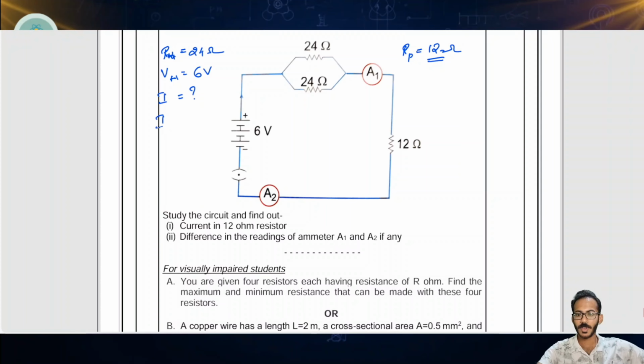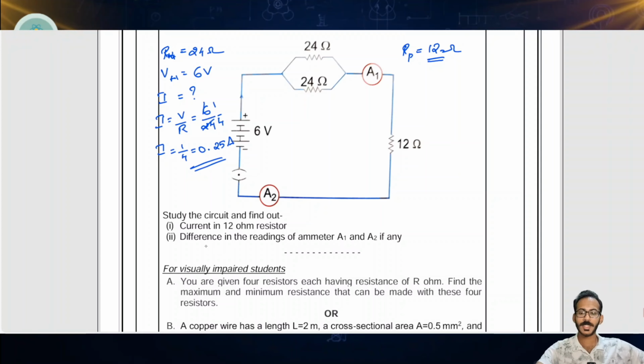We know I is equal to V by R, that is equal to 6 by 24, that is, 6 one time, 6 4 times. So I is equal to 1 by 4, that is equal to 0.25 ampere. So the answer is 0.25 ampere.